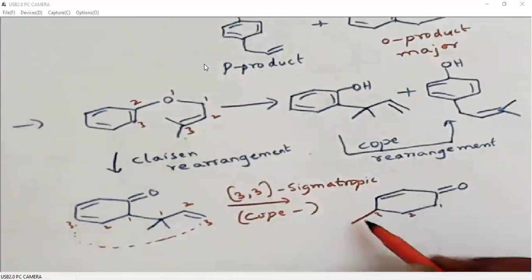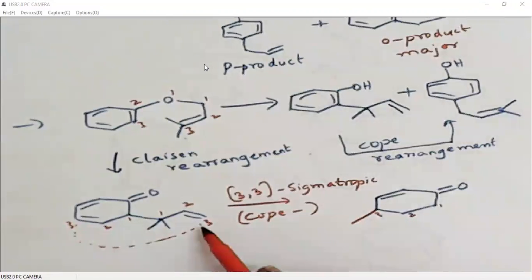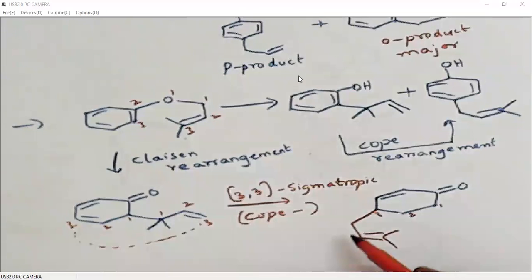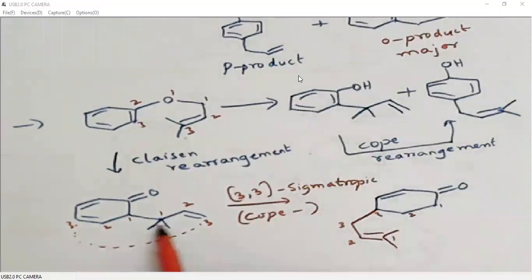So this is the third carbon. Right. So yeah, when we give numbering 3, 2, 1, we have substituents on the first carbon. So the substituents will be like this.